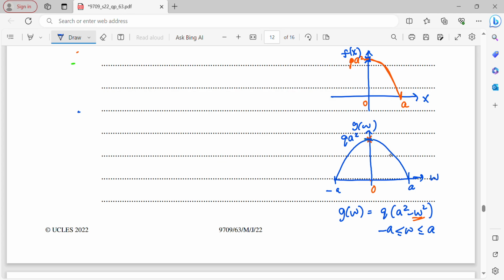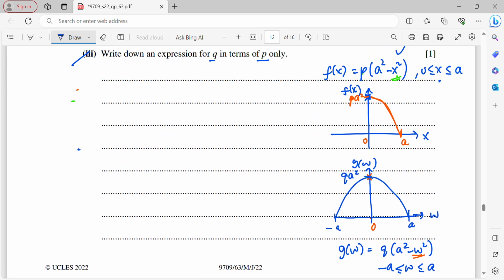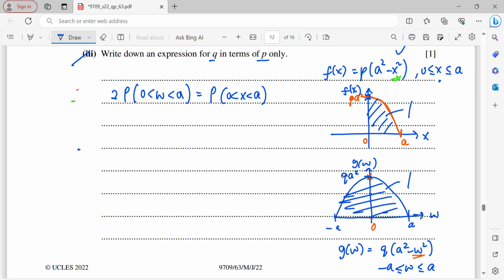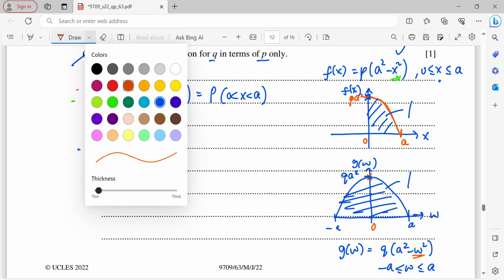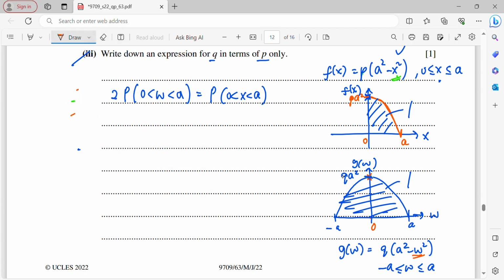And then from here, I know that 2 times the probability of w from 0 to a is the same as the probability of x from 0 to a, because the total probability is going to be 1. When you look at the w graph, I will just consider 0 to a, which is half of the original.